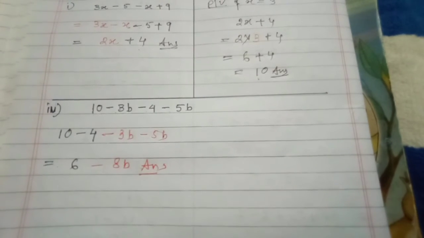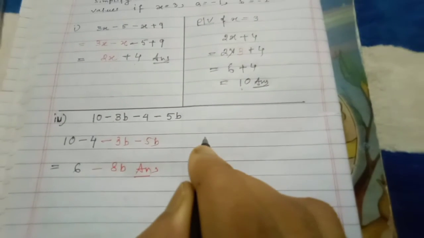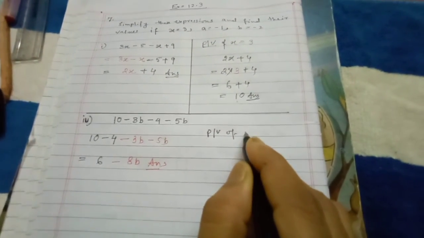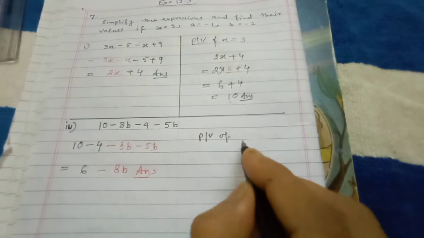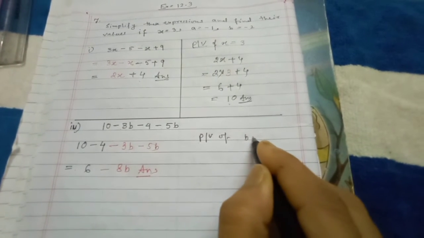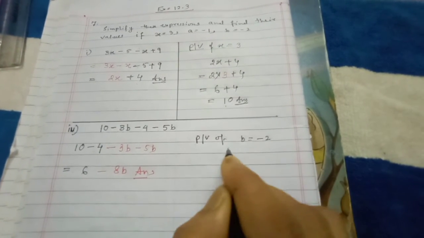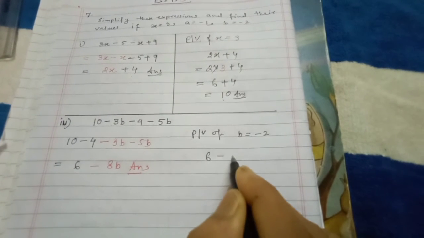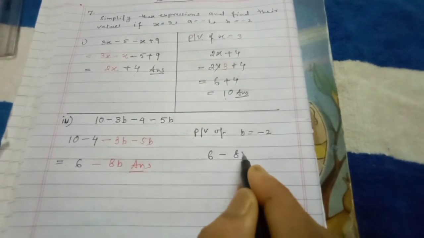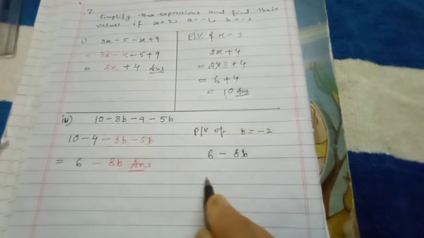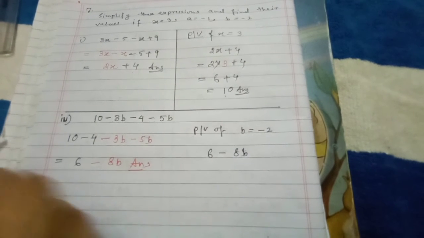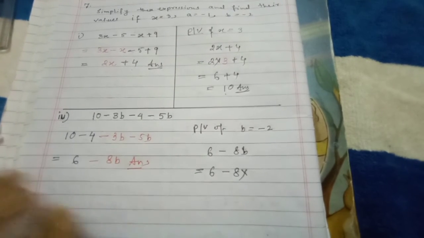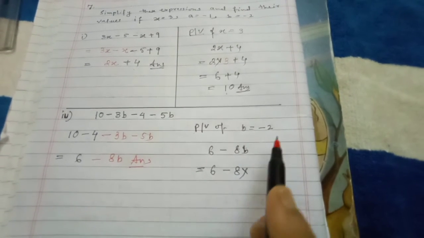Now putting the value of b is equal to minus 2. Putting the value of b is equal to minus 2, we get 6 minus 8 into b. 8b means 8 into b. So 6 minus 8 into, what is the value of b?